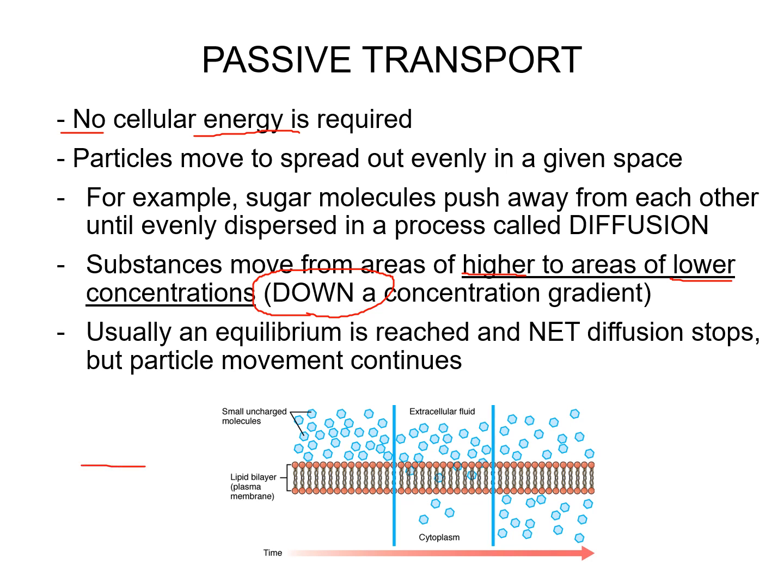If you take a look at this picture here on the bottom of the screen, you'll see we have about 15 or so of these blue particles, or molecules, on the outside of the cell. So this is the outside of the cell. This is the inside of the cell, and you can see that it's separated by this phospholipid bilayer.